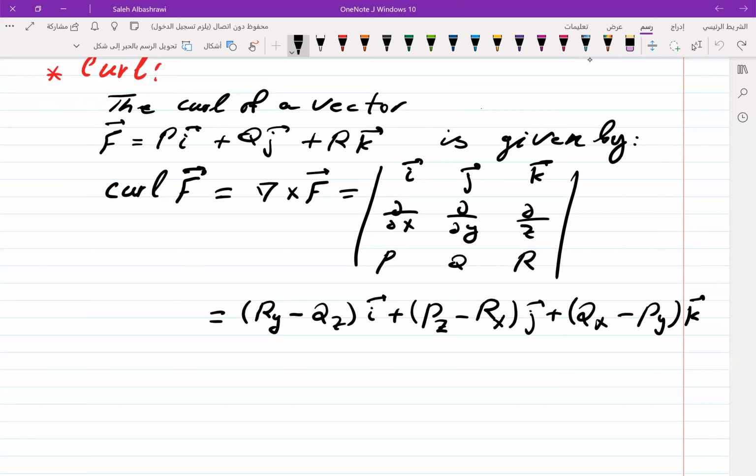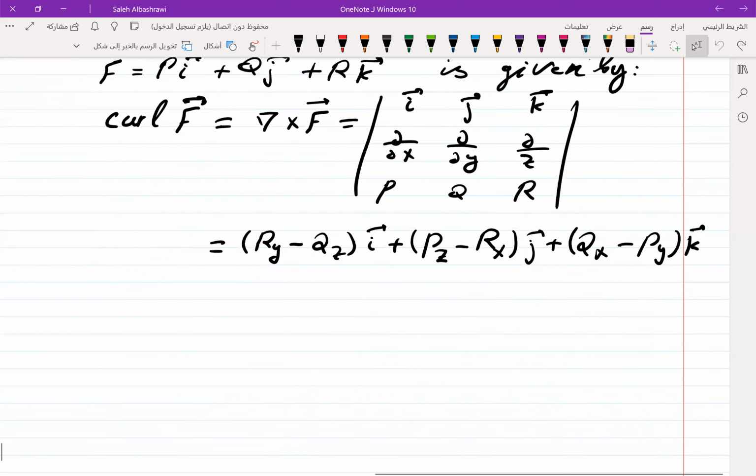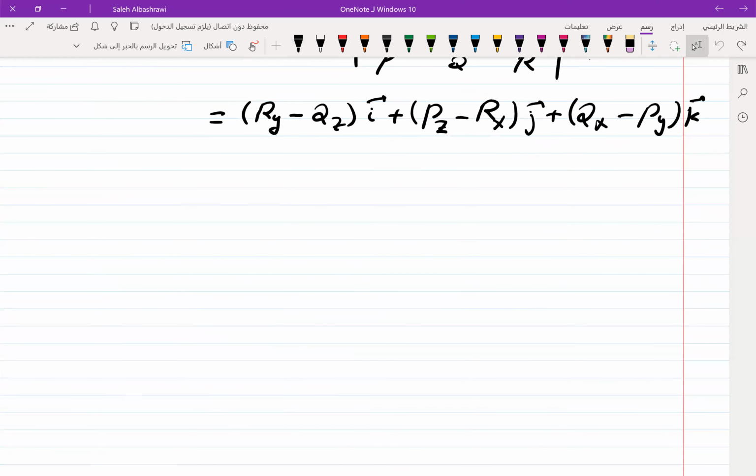Okay. So this is the curl of a vector function. We have to keep in mind the curl is a vector, because we have another thing that we are going to speak about later on, which is the divergence. Divergence is a scalar field or scalar value.